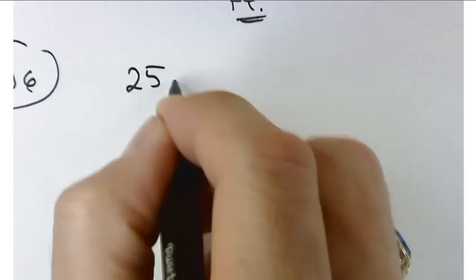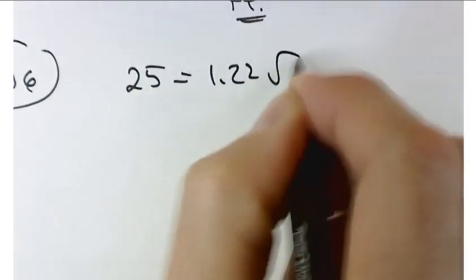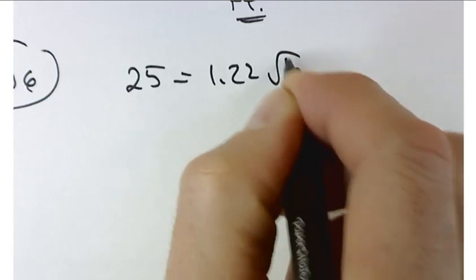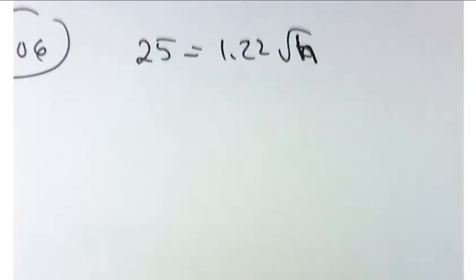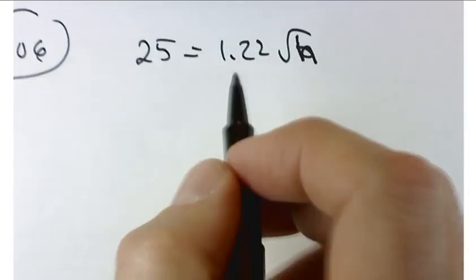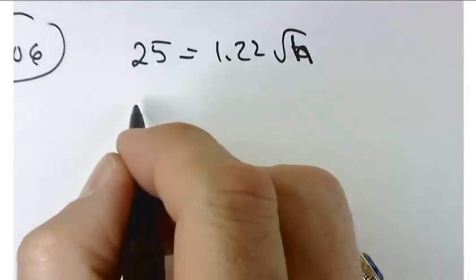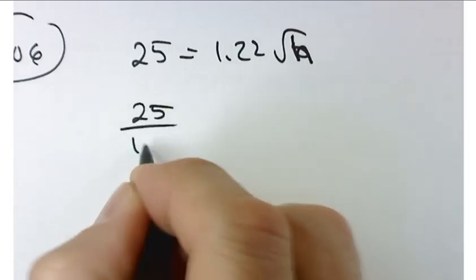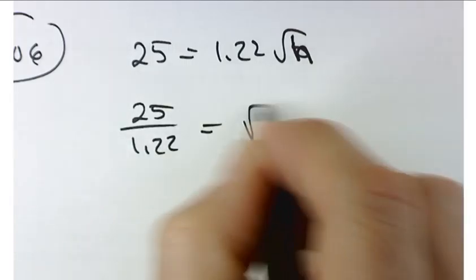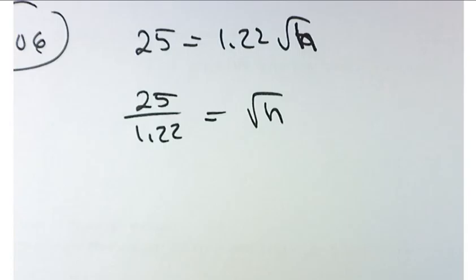So for 106, 25 equals 1.22 times the square root of h. What I would suggest is that we divide both sides by 1.22. You get 25 divided by 1.22 equals the square root of h. And then solve it from there.